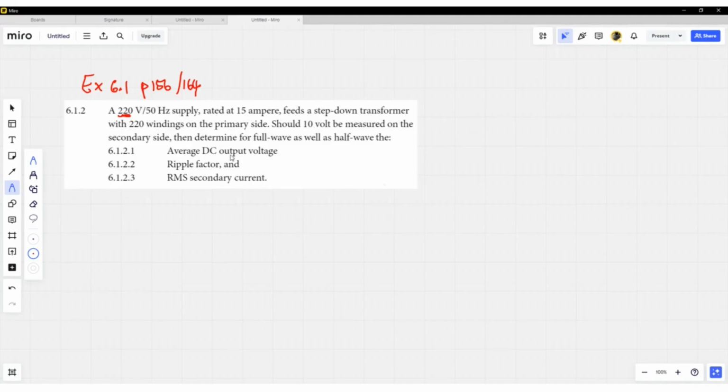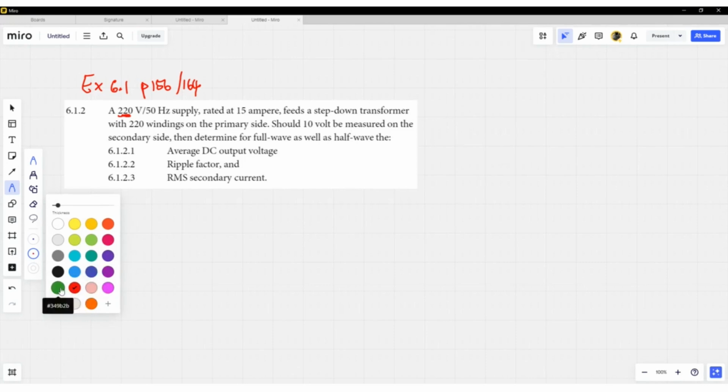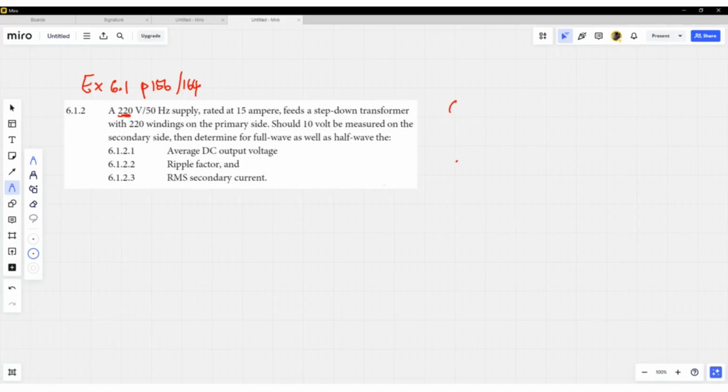Okay, so the average DC output voltage is going to be pretty straightforward to calculate. So let's do the full wave rectifier. I'm going to leave the half wave rectifier for you guys to go and calculate. In fact, we can maybe infer some of the values already here. So if we take a look at full wave, I'm just going to do the full wave here.